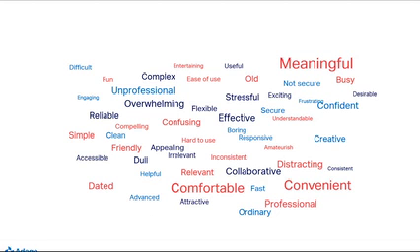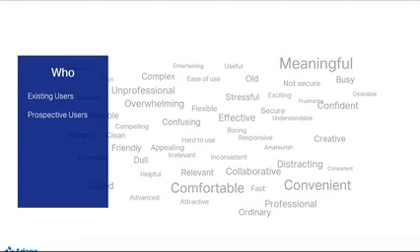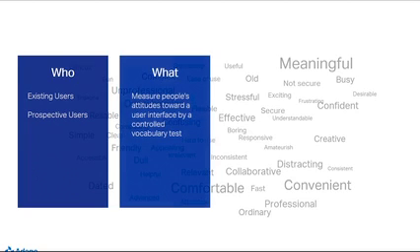One of the ways to visualize and analyze the result is by using a word cloud, and you can see clearly which word has a stronger association versus the others. So this is called a desirability study, and this study can be done with current and prospective users.